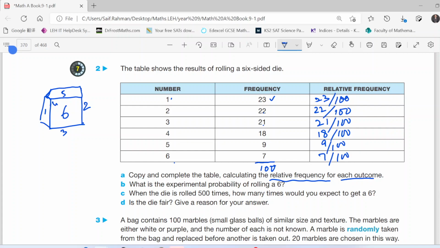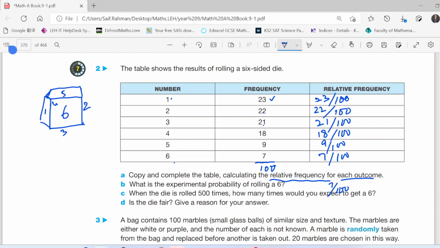So what is the experimental probability of rolling a 6? Rolling a 6, the experimental probability is 7 out of 100, right? So if you do it 100 times, you are likely to get 7 rolls of 6.